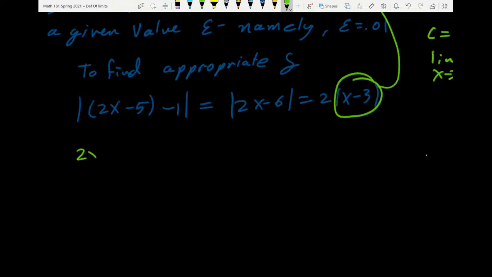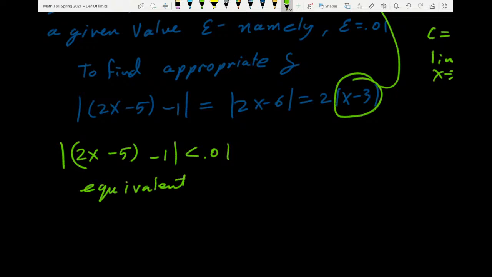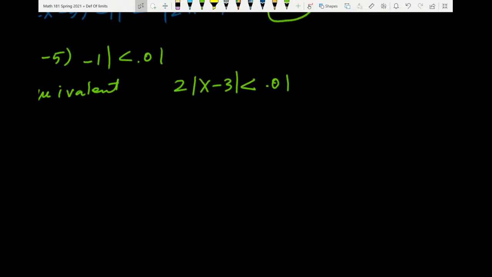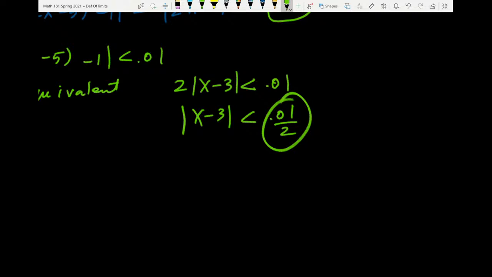So we know the absolute value of 2x minus 5 minus 1 is less than 0.01, which is equivalent to 2 times the absolute value of x minus 3 being less than 0.01. Boom, right there we can say that the absolute value of x minus 3 is less than 0.01 over 2. And that could be our new delta. Well, that is our delta.